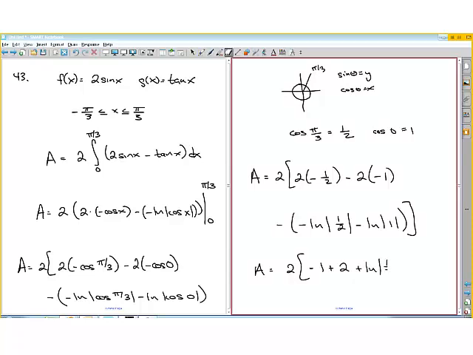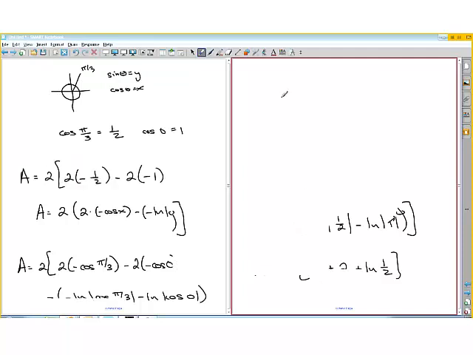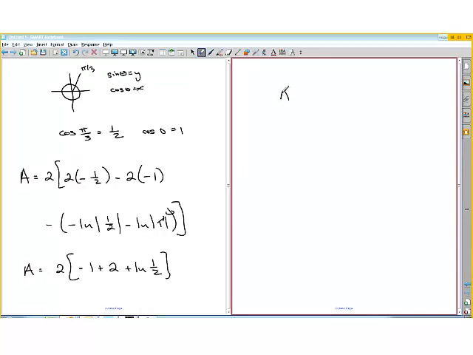And we can take the absolute value sign off because we don't need it. And then the natural log of 1 is 0, so that goes to 0. So we still have the 2 out front here. 2 minus 1 is 1, plus the natural log of 1/2.